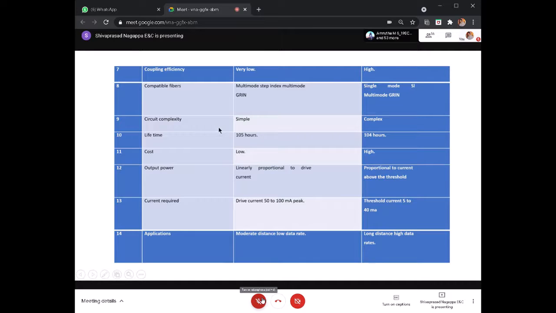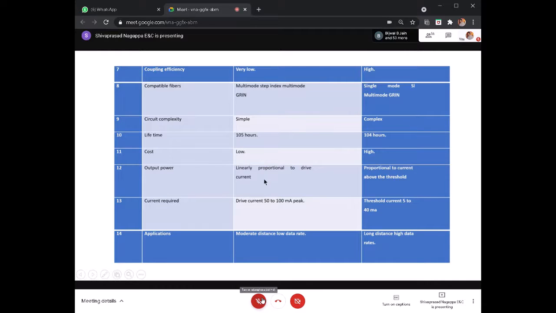Circuit complexity: this will always be simple and the laser is complex, as you all know. The lifetime is 10^5 and 10^4 hours. It is a comparison that was done very long back, but the lifetime of LEDs and lasers nowadays is very high. The cost is very low for the LED and high for the laser.